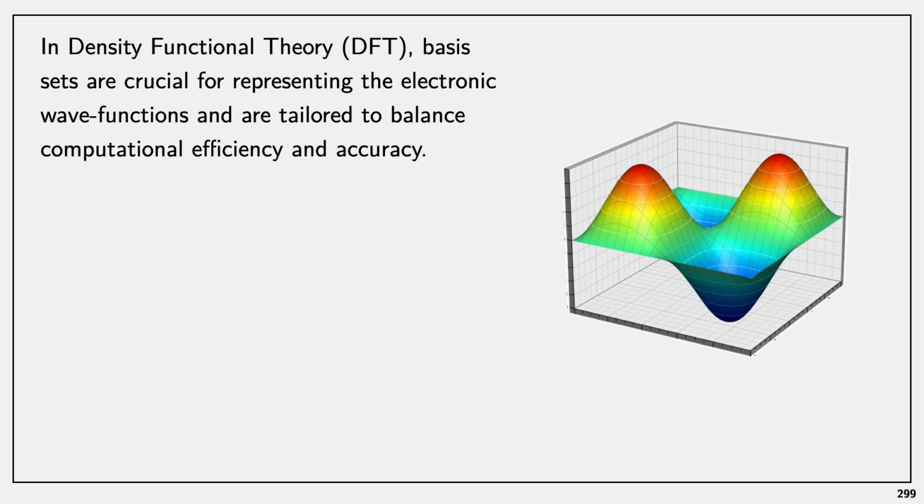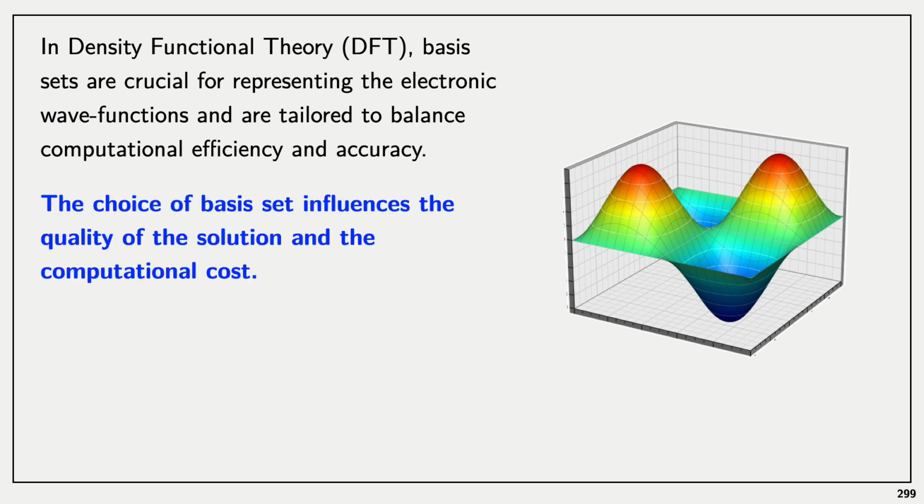Because of the specificity of the DFT problem, those basis sets will depend on the kind of problems that we want to do. We have two aspects: we want quality of the solution, and at the same time we would like to do it at a computational cost that's bearable.